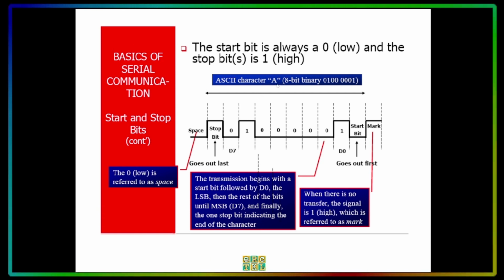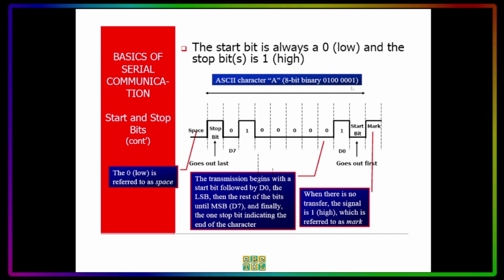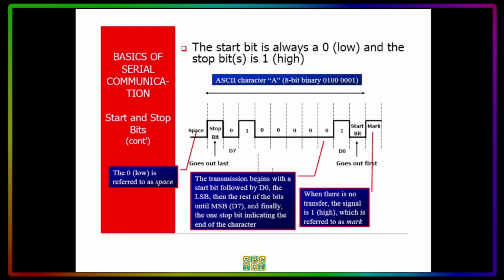For example, character A. If we are sending character B, then it will not be these bits. It will be 01000010. That's the only difference if it is letter B. Letter C, letter D, and so on up to letter Z, or any other character, as long as it can be represented by 8 binary digits.